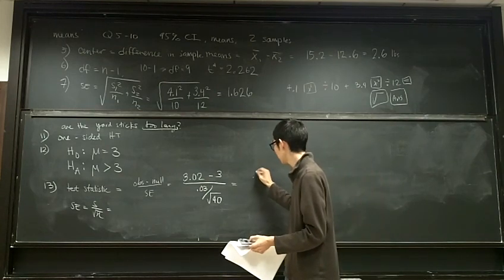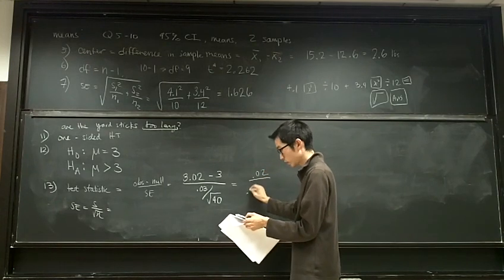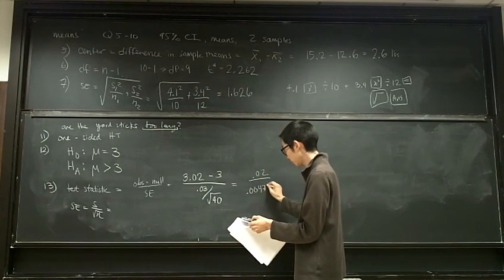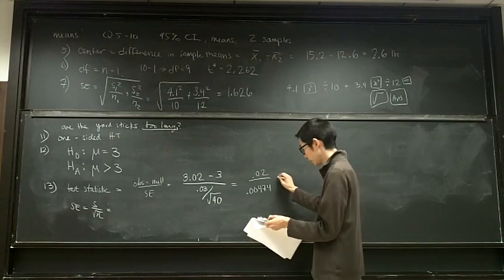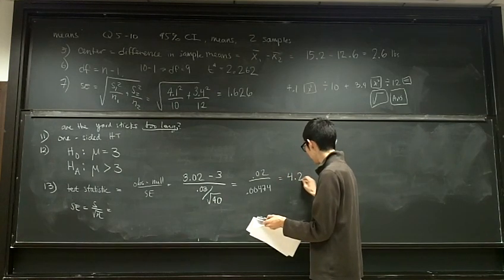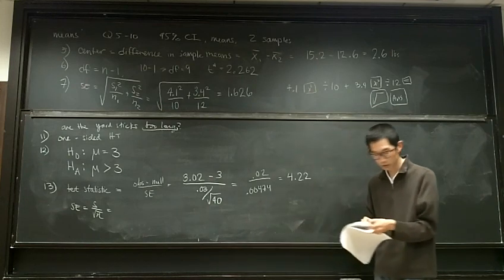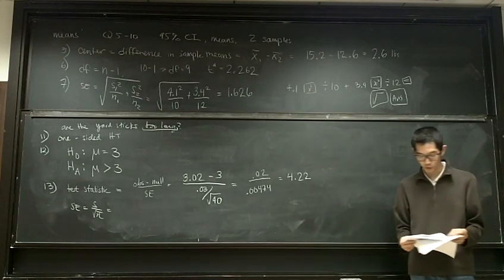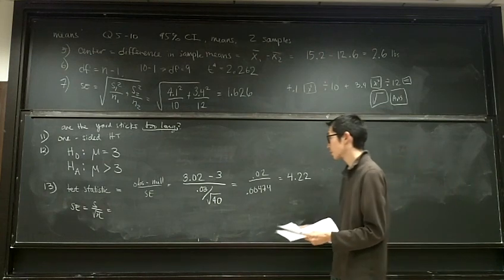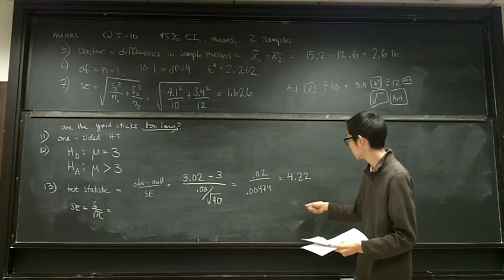So you're going to have 0.02 divided by 0.00474, okay? And so you do 0.02 divided by that. I get 4.22. That's fine. So my test statistic is 4.22. That's number 13.